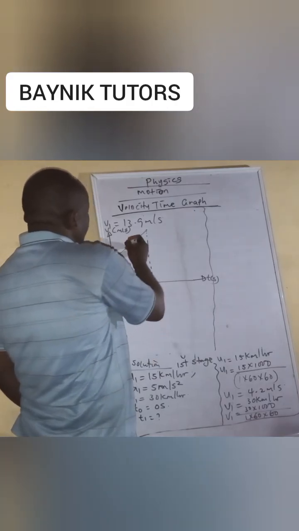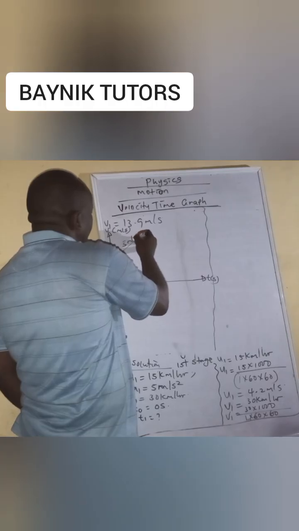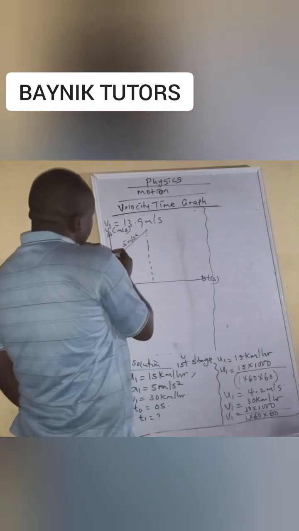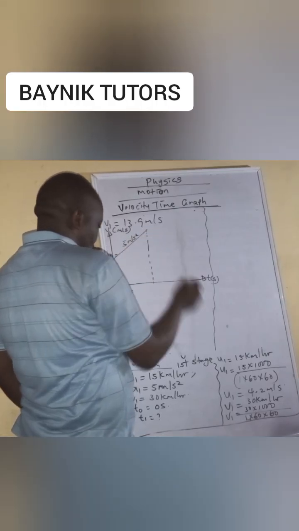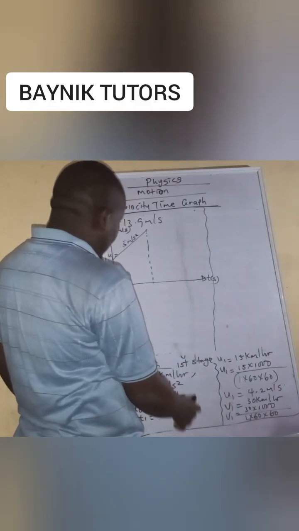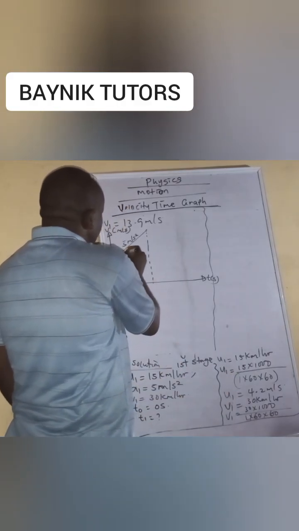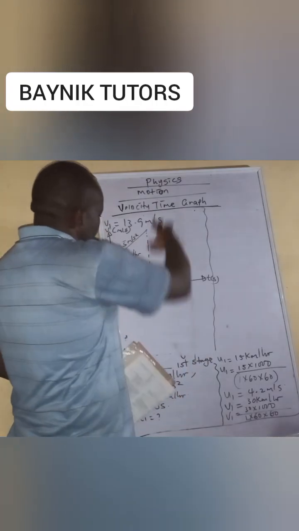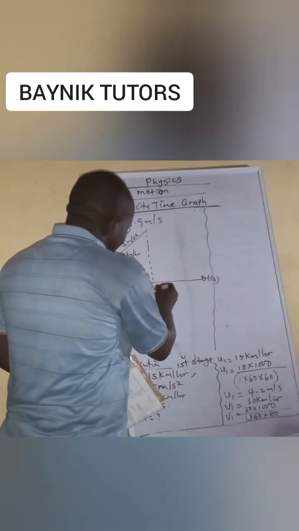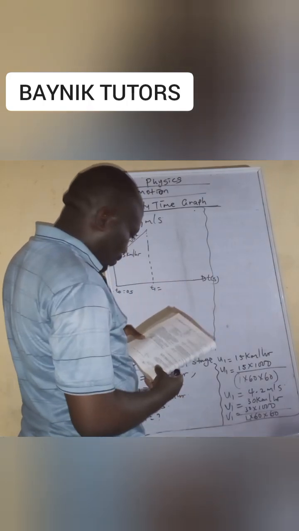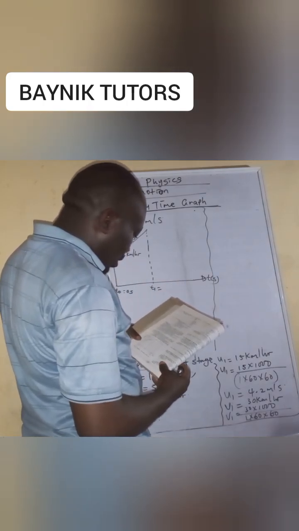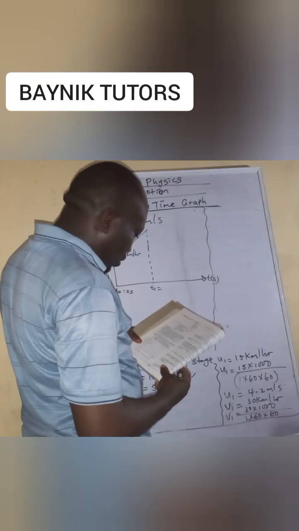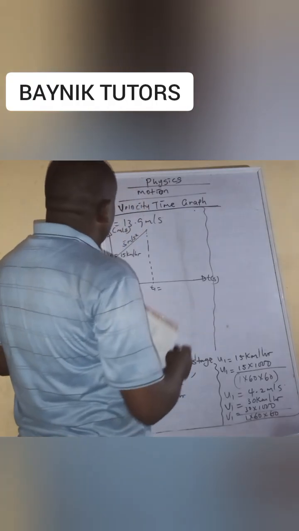So here the acceleration is 5 meter per second square. Then the initial velocity given to us is 15 kilometer per hour. After then, it goes up like that. We have my T1. They said it accelerates uniformly until it attains a maximum velocity of 30 kilometers per hour.